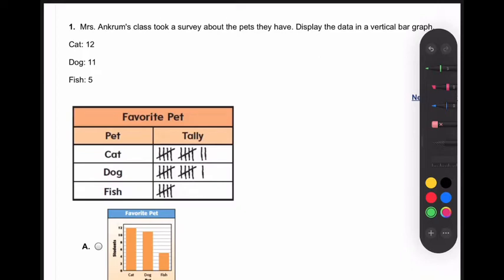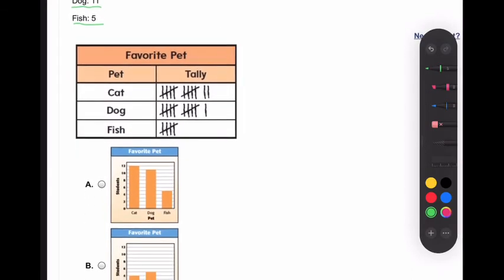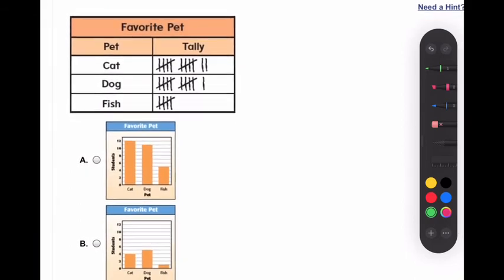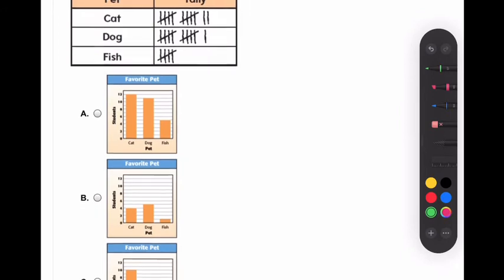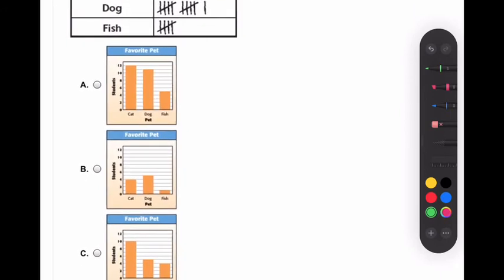Now, in the class, they have 12 cats, 11 dogs, and 5 fish. So, let's check our options and see which of these bar graphs represent the data that we have, which is 12 cats, 11 dogs, and 5 fish.